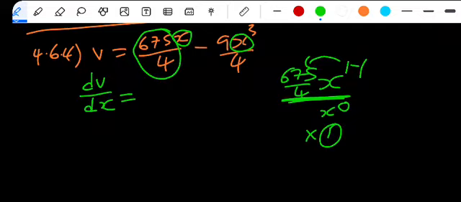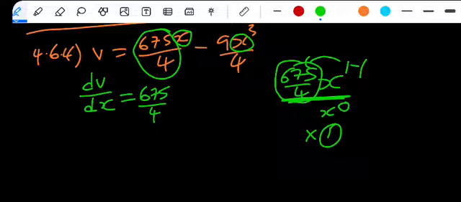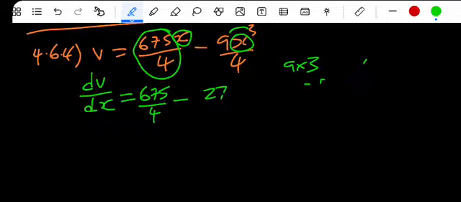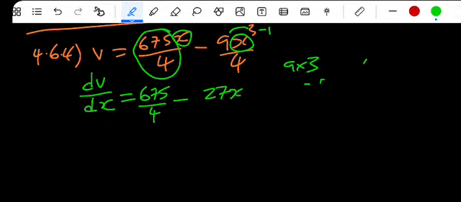So 1 multiplied by this, you'll be left with 675 divided by 4. Alright. Now you go to the minus, you're differentiating that one. Now you multiply by the exponent 3. 9 multiplied by 3 is 27. Now you subtract from the exponent, again we'll have x squared. Still have 4 here.